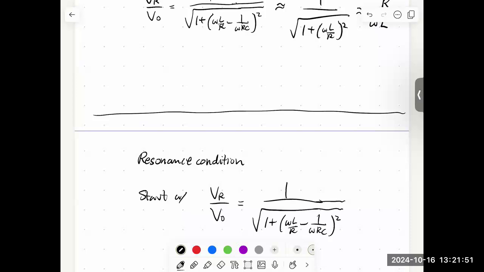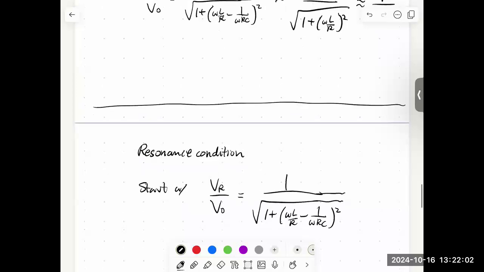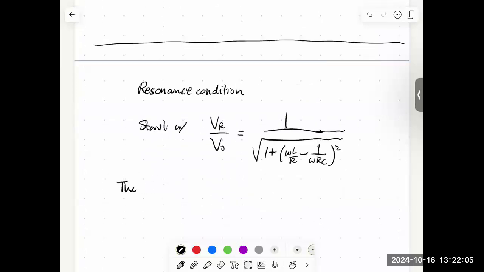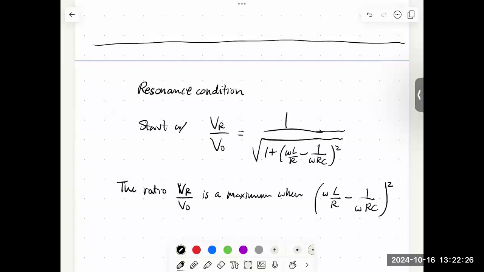It's something squared, so that's always a positive number. So I'm always adding something positive to 1. What's the smallest number I could add? 0, that's right. So the ratio VR over V naught is a maximum when this omega L over R minus 1 over omega RC, squared, well, in fact, I don't have to square it, I'm just going to set it equal to 0.